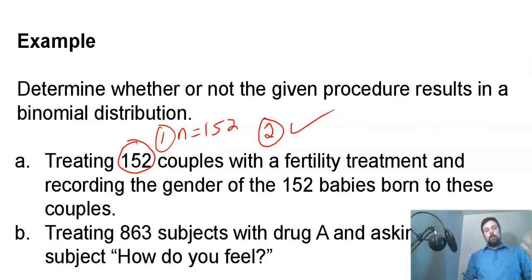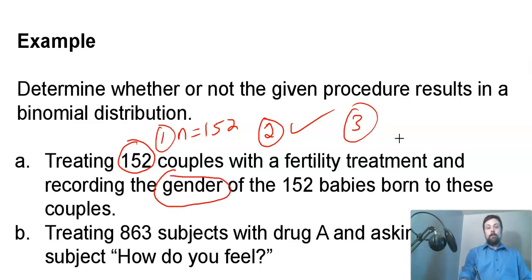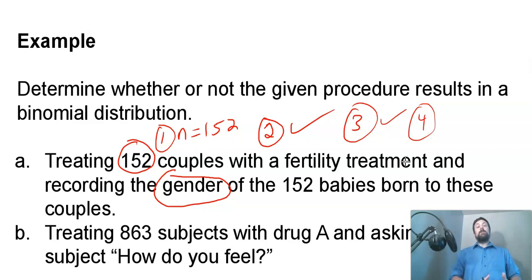And so requirement number 2 seems to be satisfied. Requirement number 3, there's only 2 possible outcomes. And that is the case here because we're recording gender. And so either the child will be male or female. So 2 outcomes there.